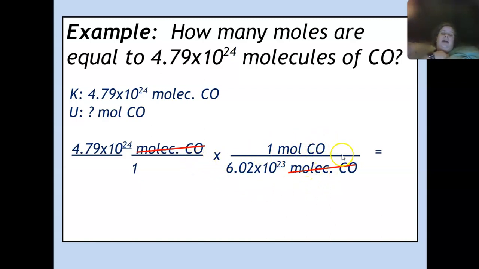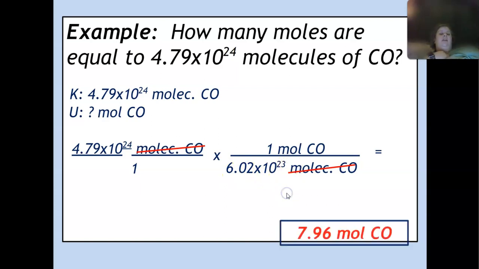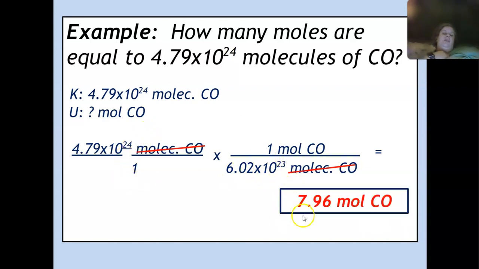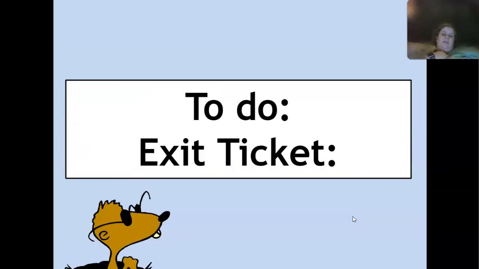So you multiply across, 4.79 times 10 to the 24th times 1, and then 1 times 6.02 times 10 to the 23rd. And then you divide those two numbers and you would get 7.96 moles of CO. Alright.